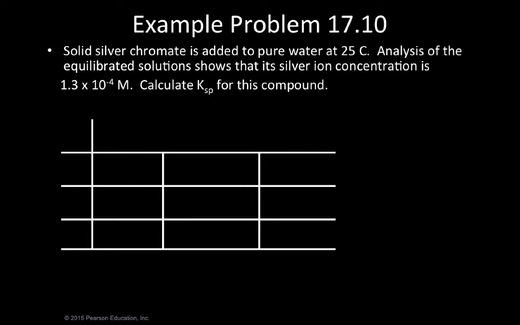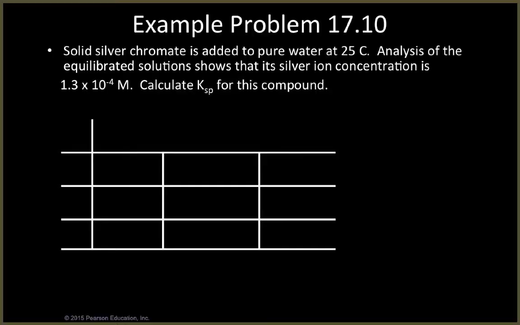Silver chromate is Ag2CrO4, and that dissociates into 2 silvers and 1 chromate. Again, this original compound comes from your ionic compound formation rules, where you're crisscrossing the charges and you set it up that way.